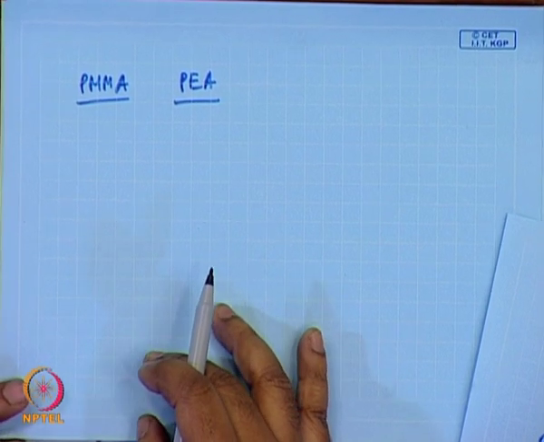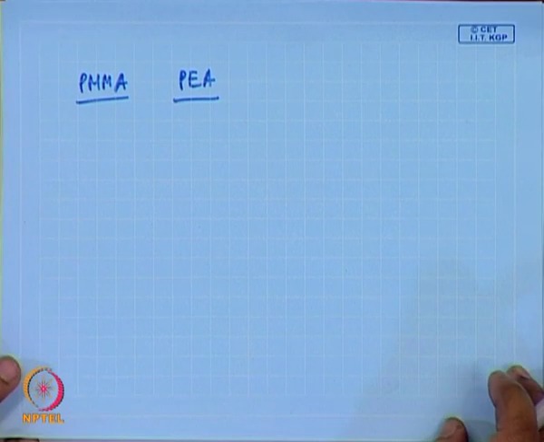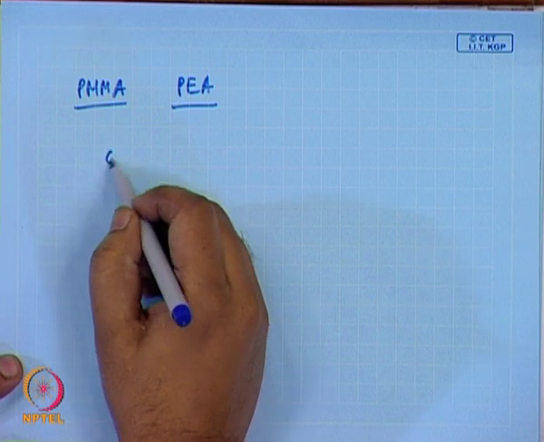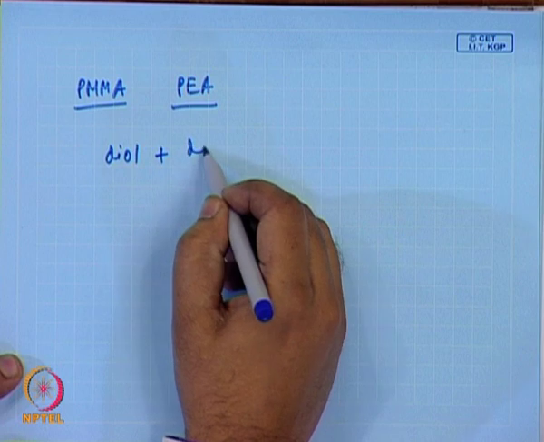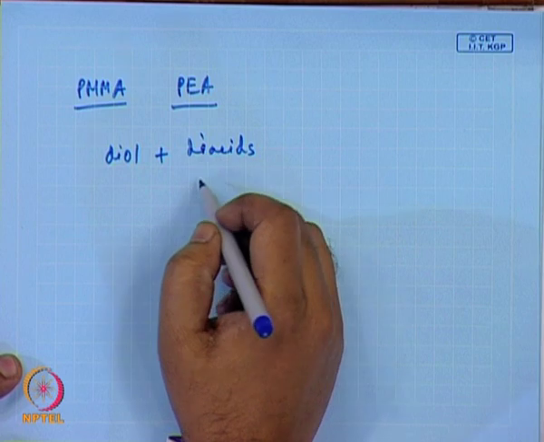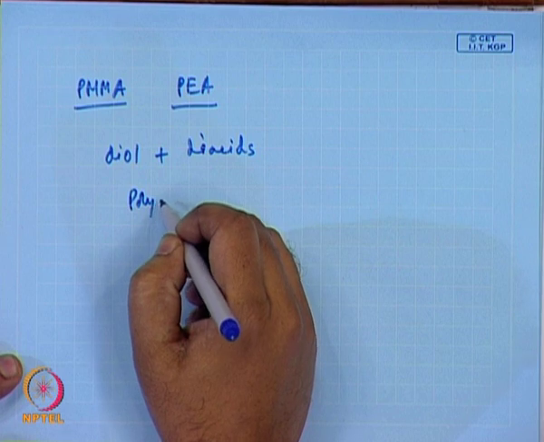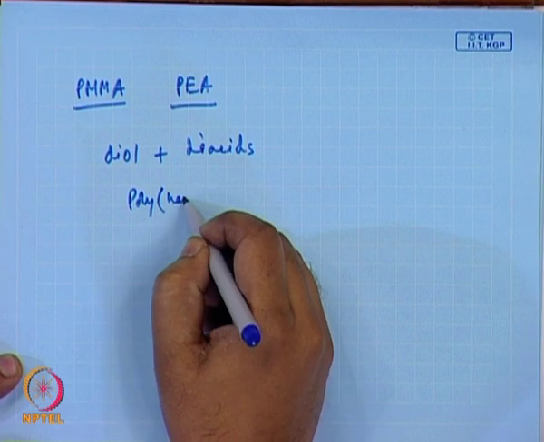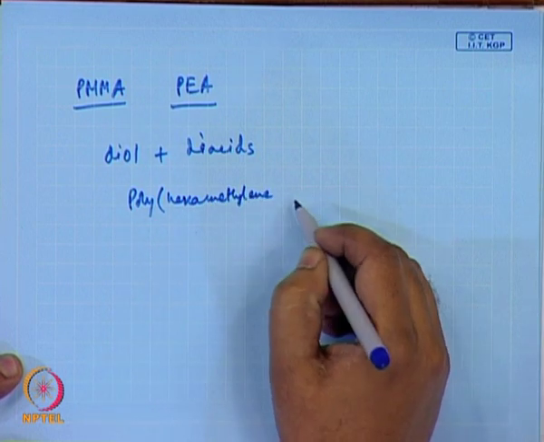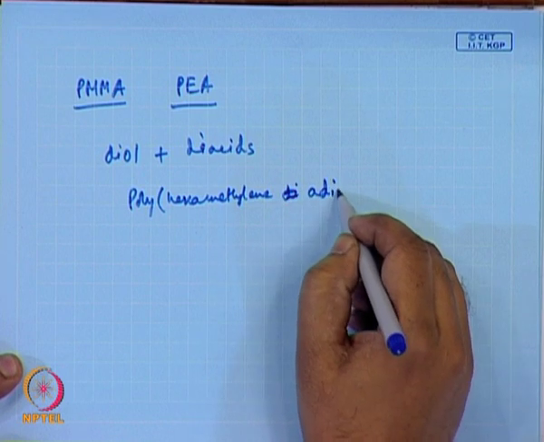Now, we can also have other types of examples. For example, we know that we can have polyesters from diol plus diacid. For example, from hexane diol and adipic acid, we form polyhexamethylene adipate.